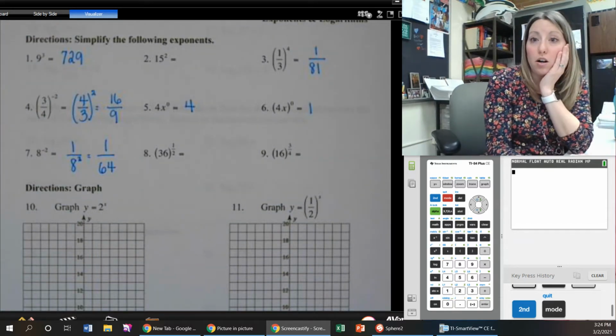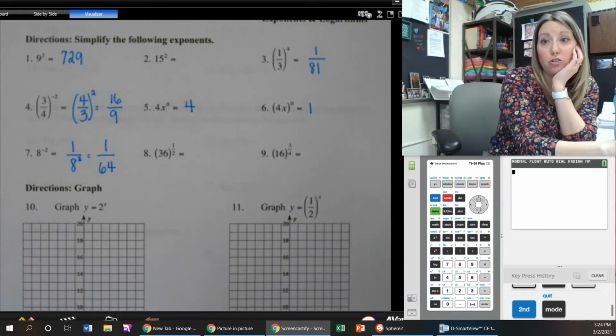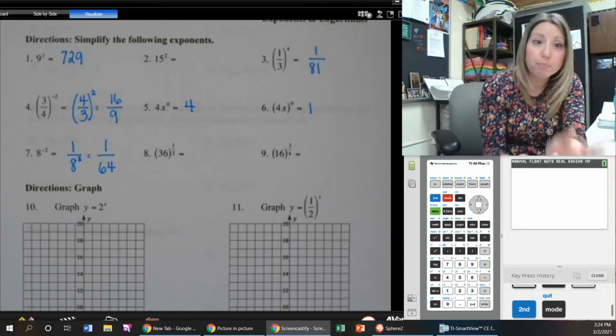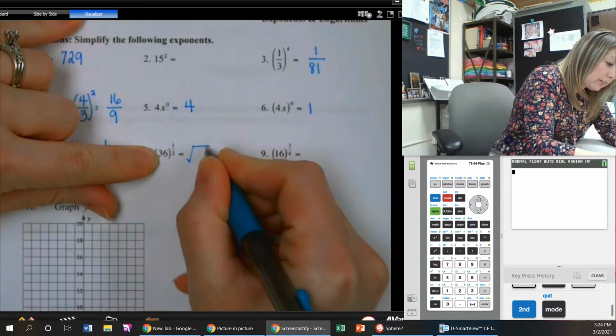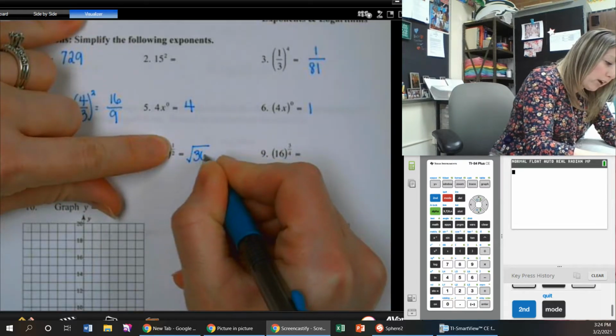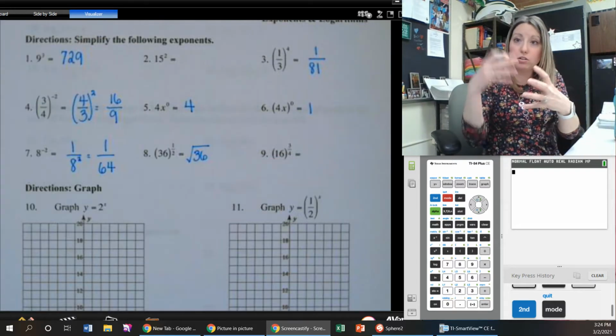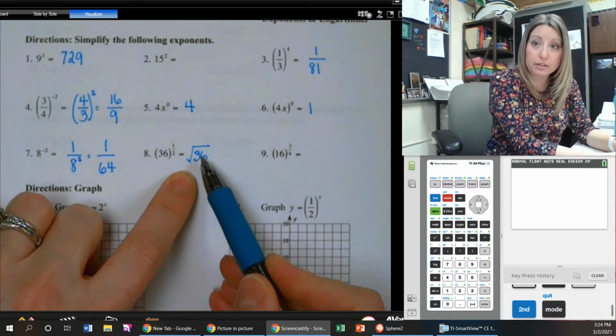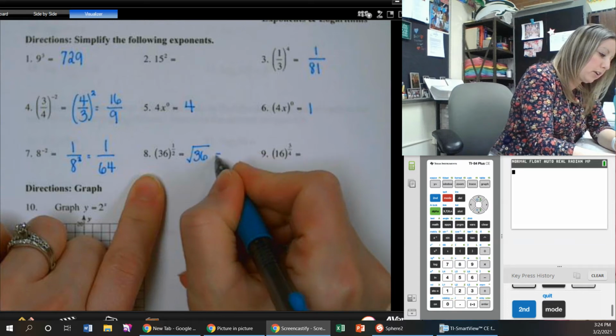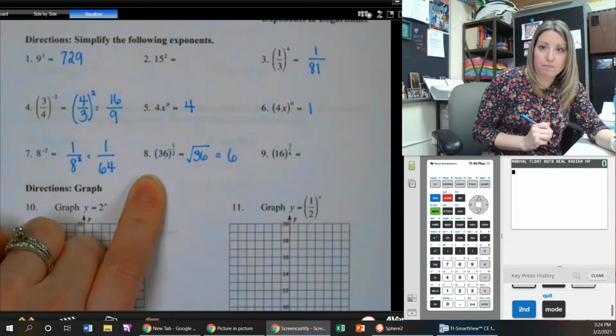If your exponent is a fraction, it's really a radical, where the bottom number is the index and the top number is raising that base to that power. And so in this case, it's 36 to the first power, which is 36, and I'm taking the square root of 36 to get 6.